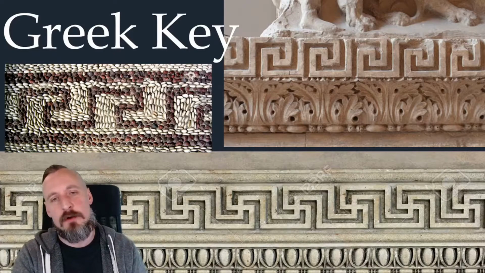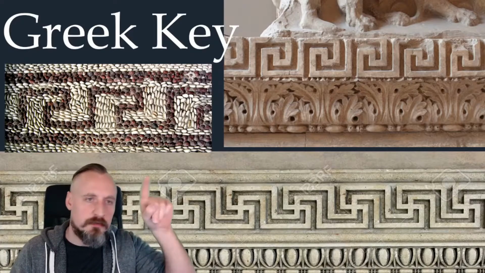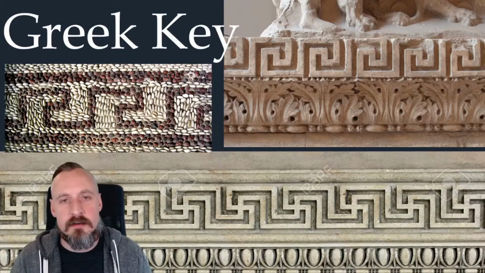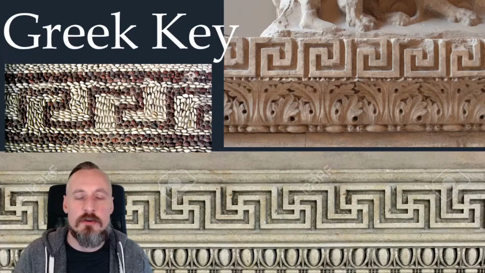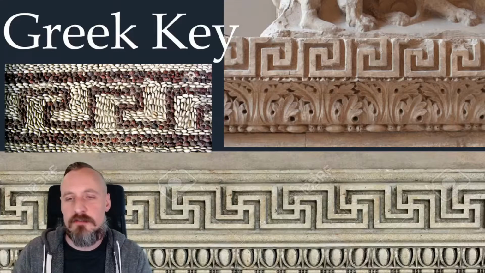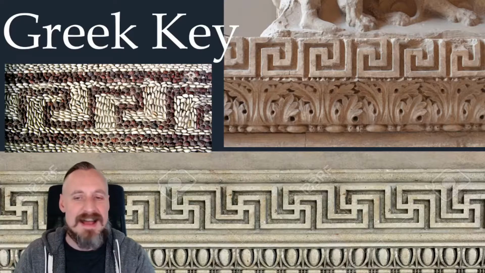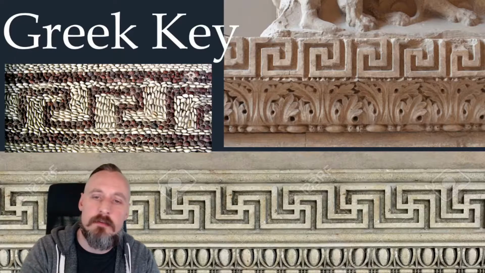So if you have a motif that's made out of a single line and it just goes and goes and goes and goes, kind of like Celtic knotwork or something like that, the Greek key or the Greek meander took on many different shapes, but you'll recognize it immediately by this sort of geometric continuous line. And some of it was quite beautiful, and you can find it with leaf work, or you can find it next to egg and dart.